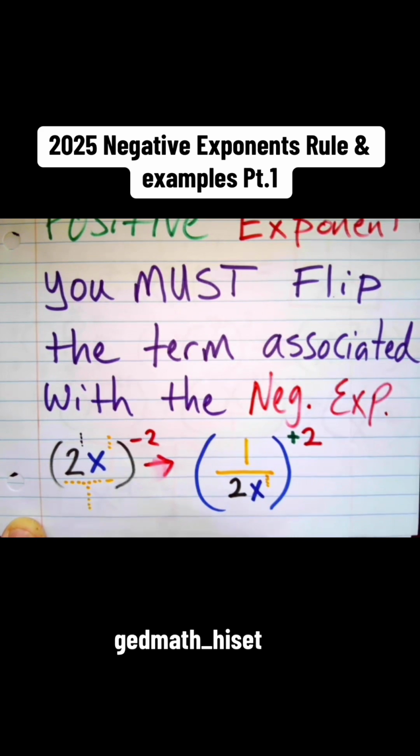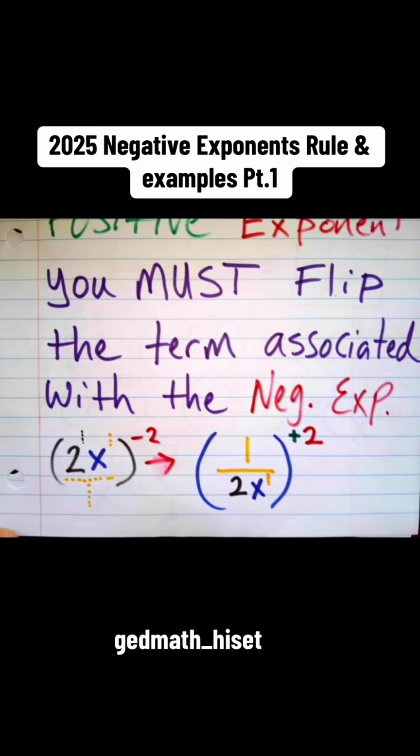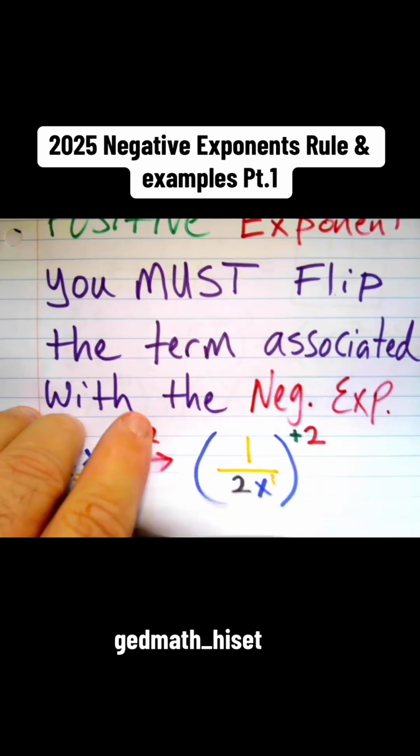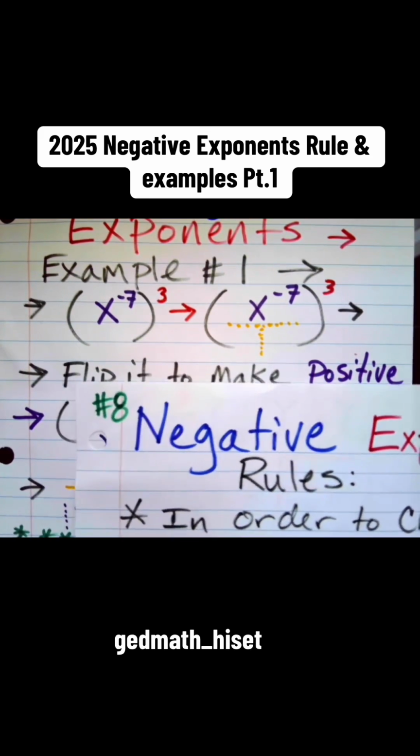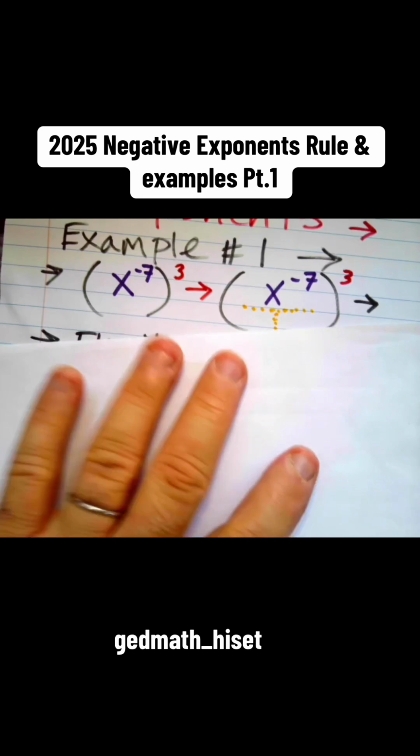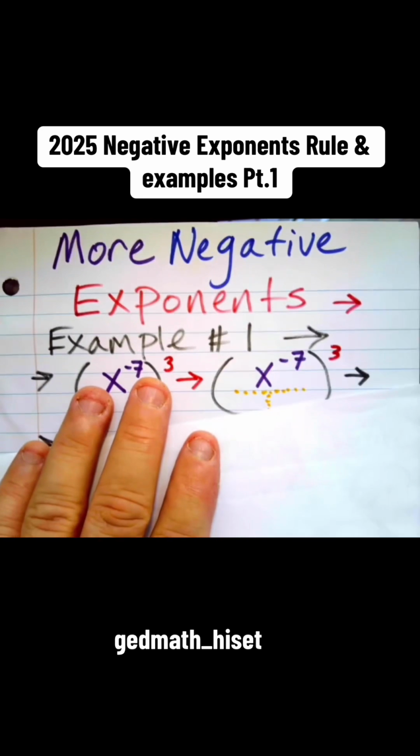That's what you see here. All I'm doing at this point is just showing you how to change a negative exponential power into a positive power of a power. Let's go ahead and take a look at some more examples I have here for you.